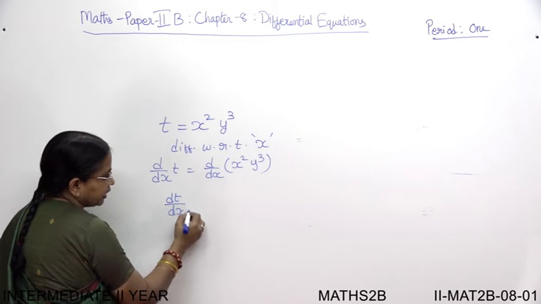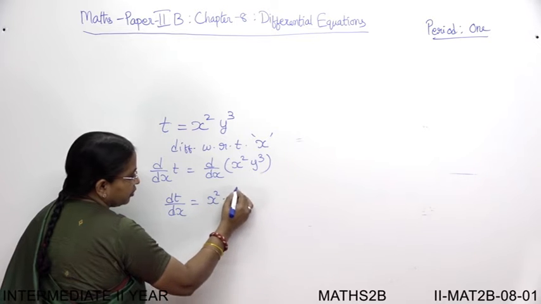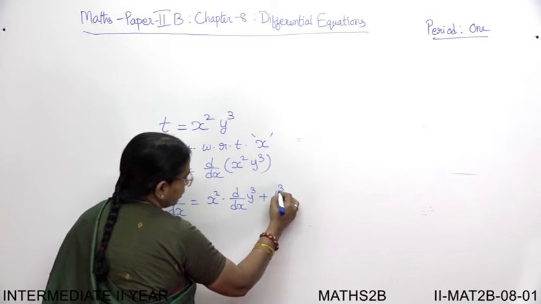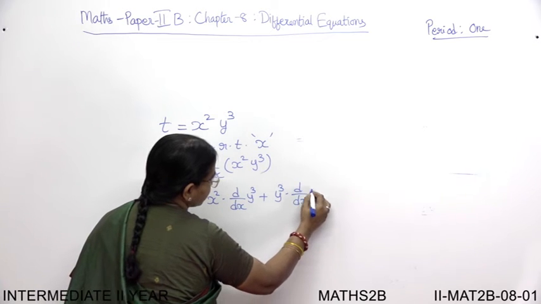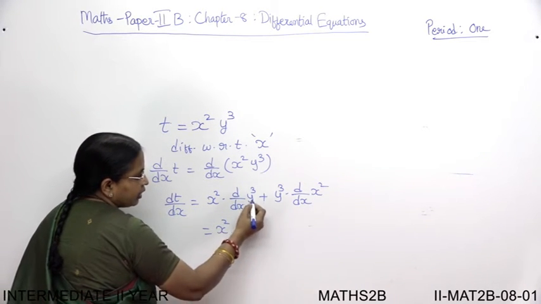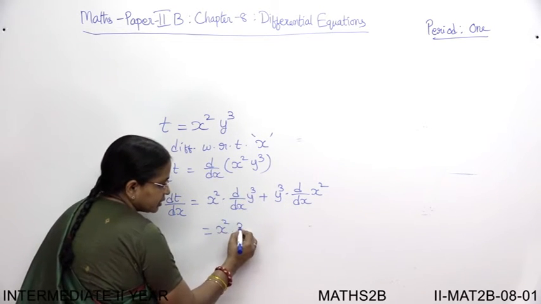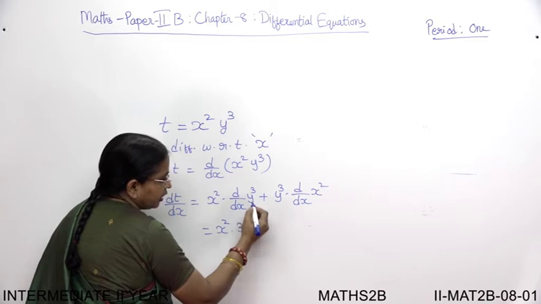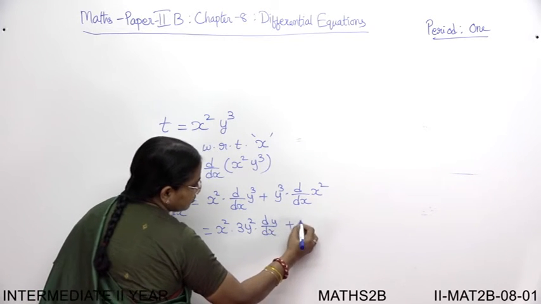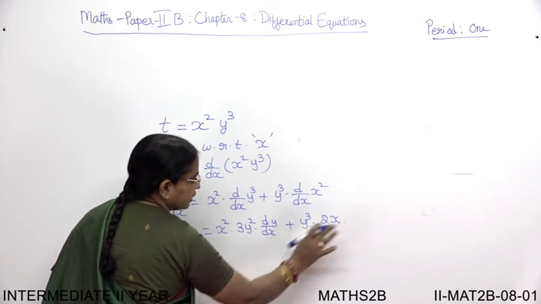So dt by dx is in the form uv: first function into the derivative of the second function plus second function into the derivative of the first function. So it is equal to x square into the derivative of y cube with respect to x, which you write as 3y square into d by dx of y, plus y cube into the derivative of x square, 2x into d by dx of x, that is 1.